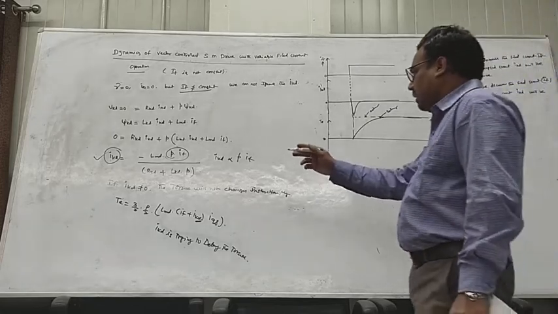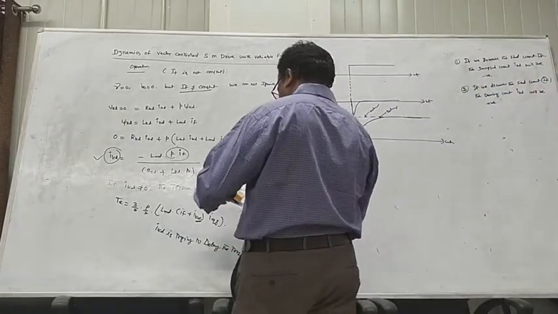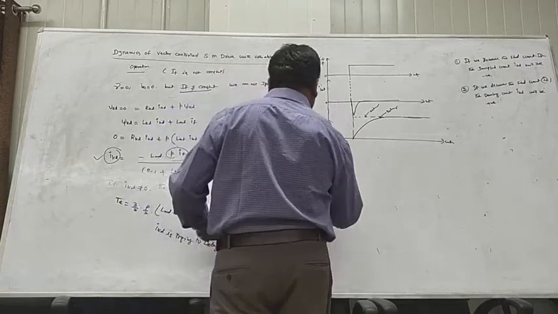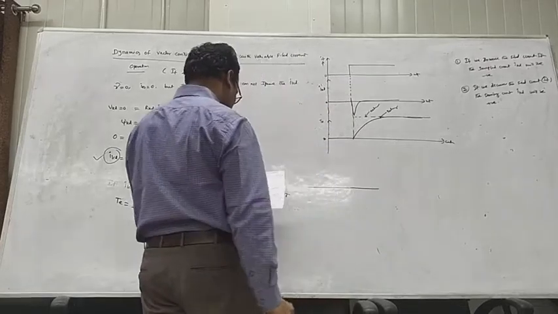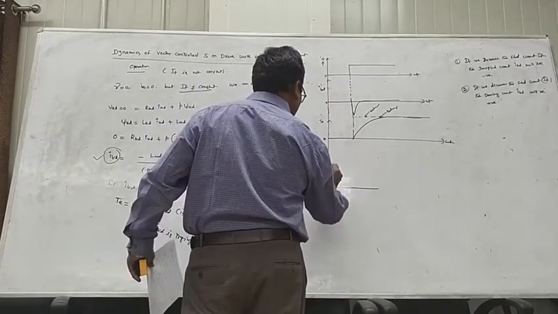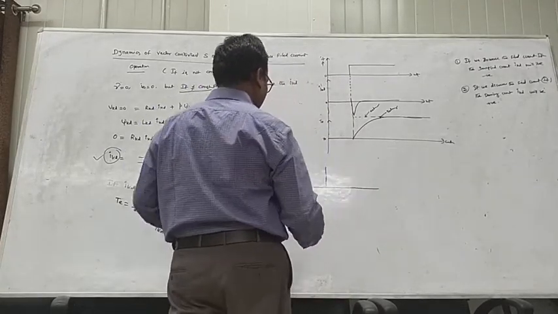If you represent this in a block diagram model, this is your field current IF, and IKD is also coming.